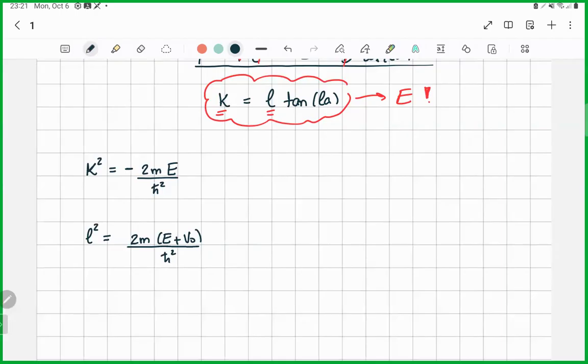Well, let me try to write one in terms of the other. Okay, so what I'm trying to say is in this equation here, we had kappa and L. Let me try to write this whole equation just in terms of L. Well, let me continue with this L squared. So this L squared is 2mE over h bar squared plus 2m V naught over h bar squared.